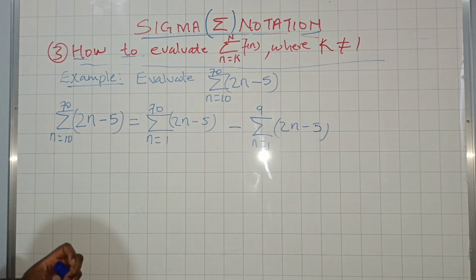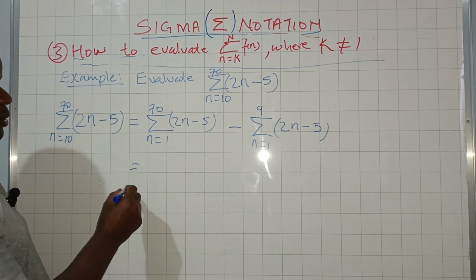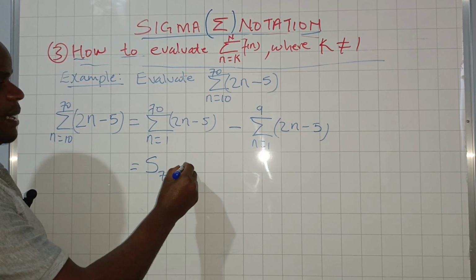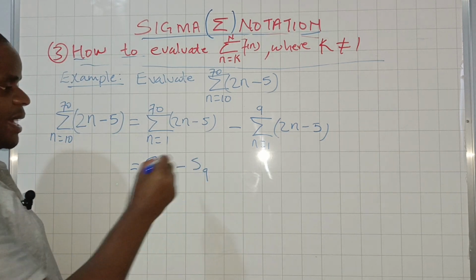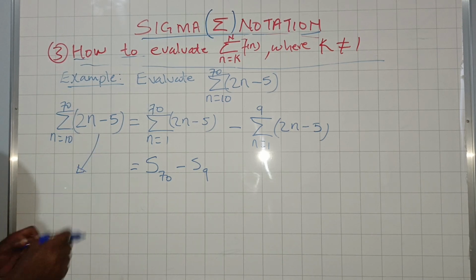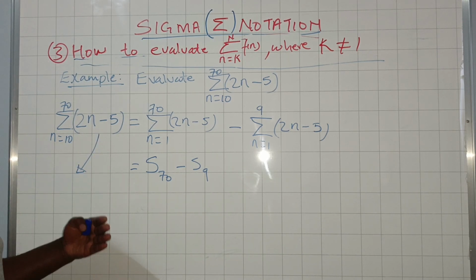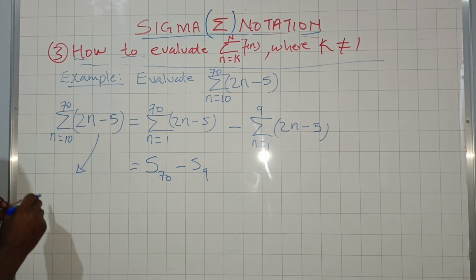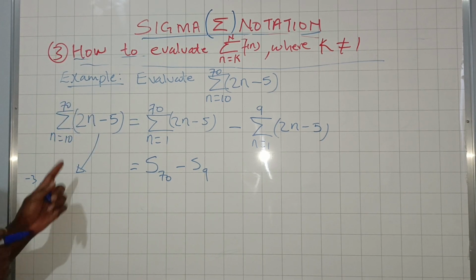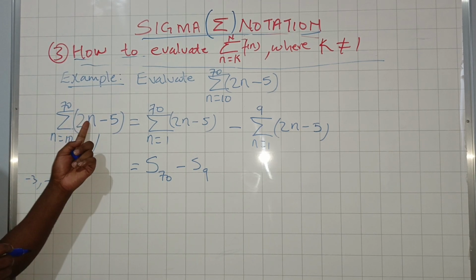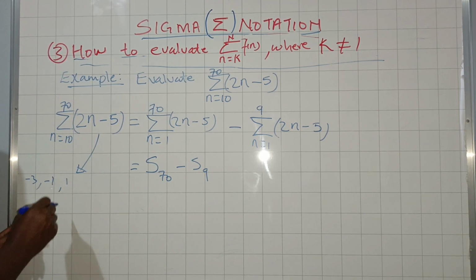Now if you look at this closely, this is actually going to be S70 minus S9. Now, let's study this so that you can see that it's forming an arithmetic series or a geometric series. When n is 1, this is going to be negative 3. When n is 2, this is going to be negative 1. When n is 3, this is going to be 1.